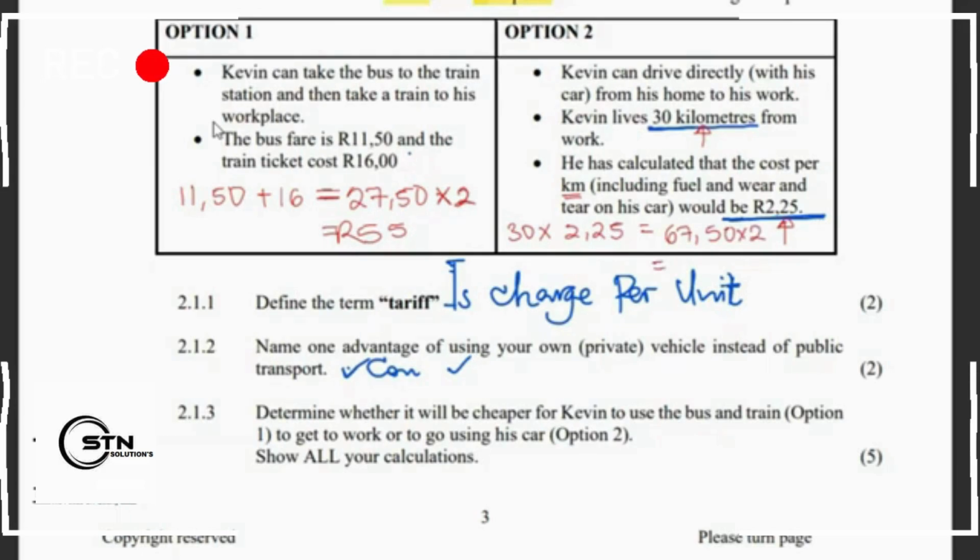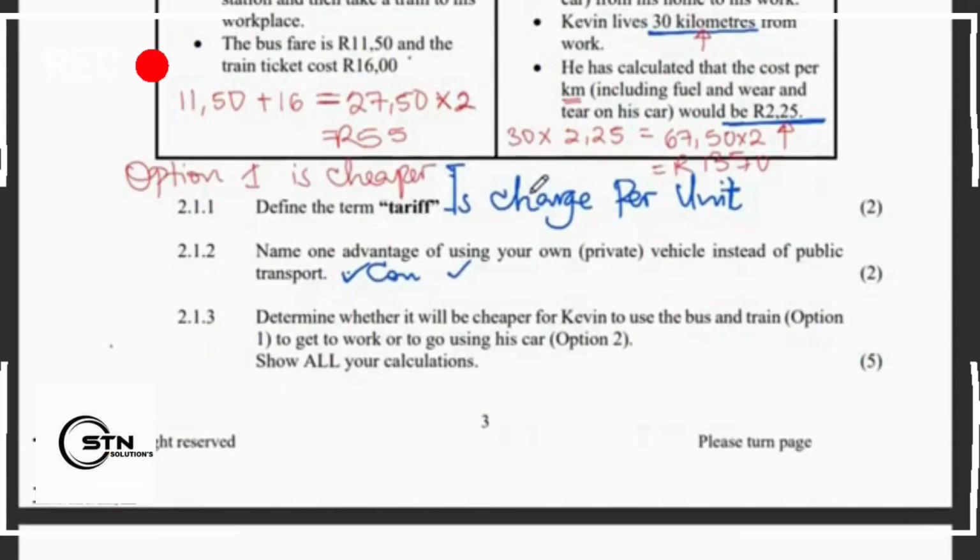Look at that. So he has to spend 135 rands a day. So option 1 is cheaper.